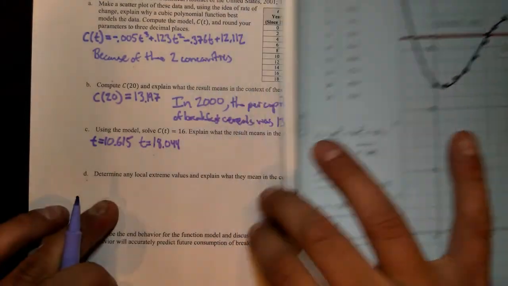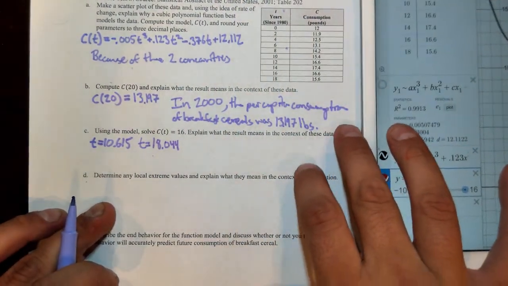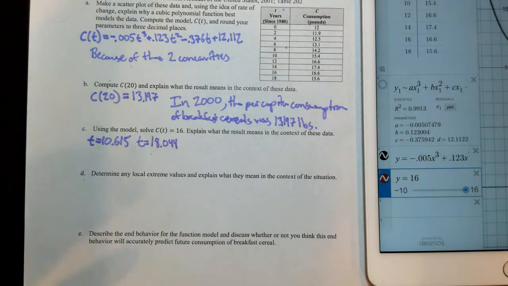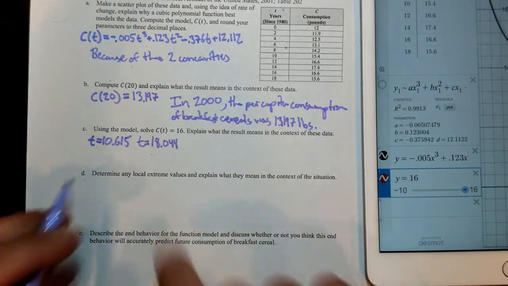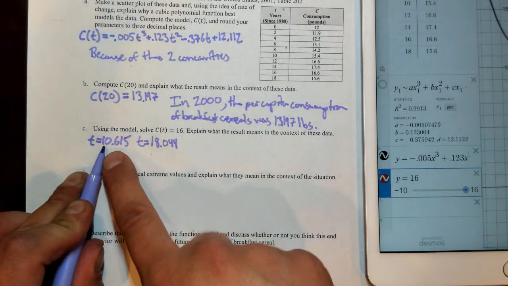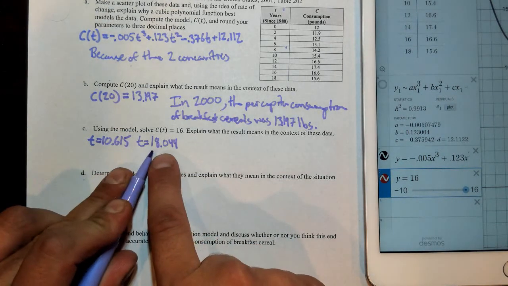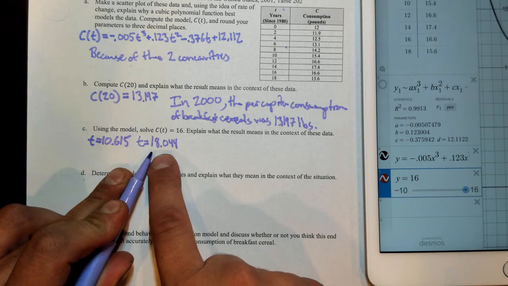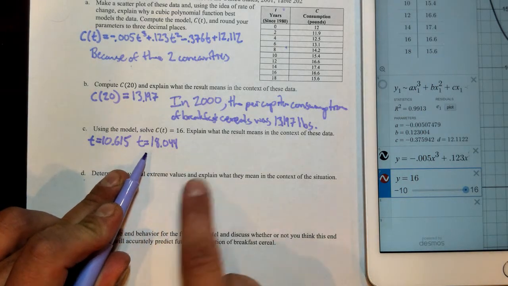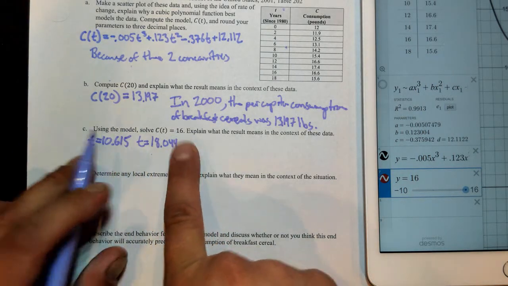Okay, so explain what the results mean in context. So basically what that means is in the year, 10 years after 1980, so in 1990, and then 18 years after, 1998, the per capita consumption of cereal was this 16 pounds.